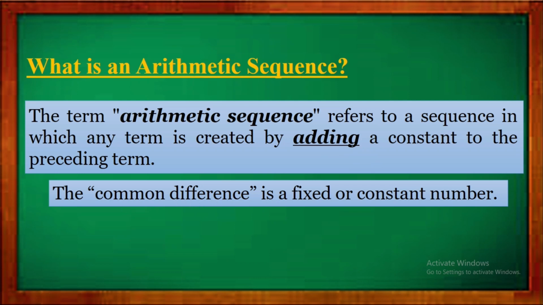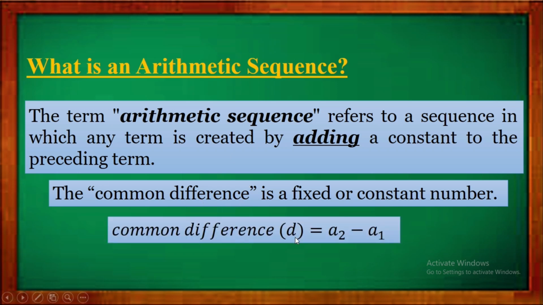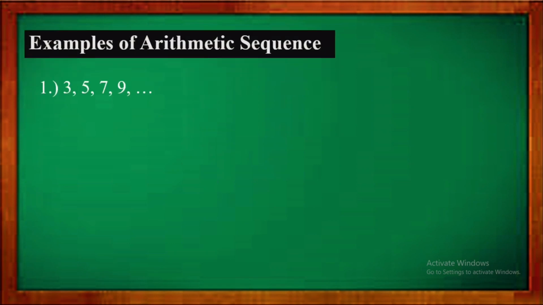And the formula for getting the common difference of a sequence is d equals a sub 2, which is our second term, minus a sub 1, which is our first term. So now, let us have some examples of arithmetic sequence. For example number 1, we are going to prove that the sequence 3, 5, 7, 9 is an example of arithmetic sequence.